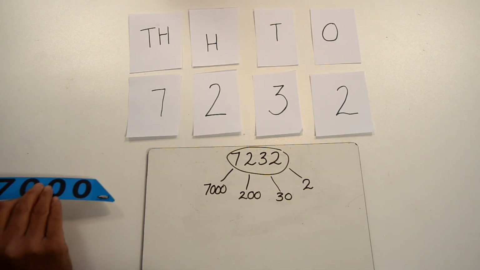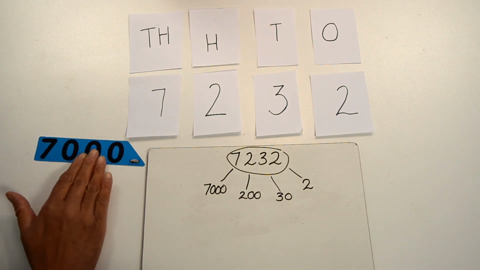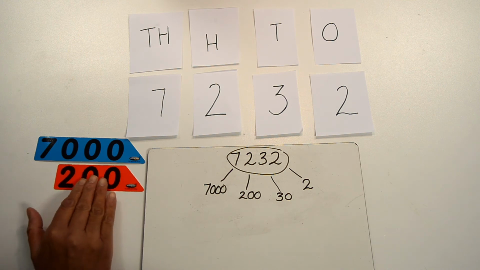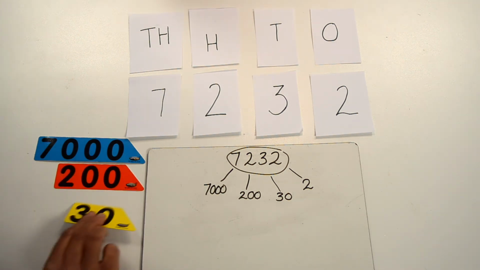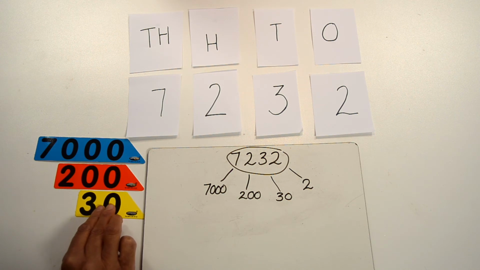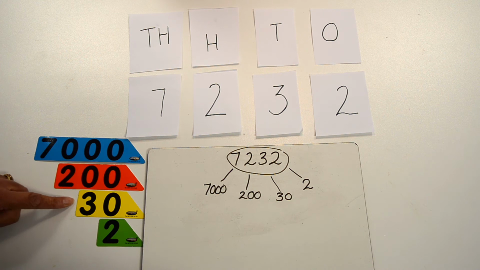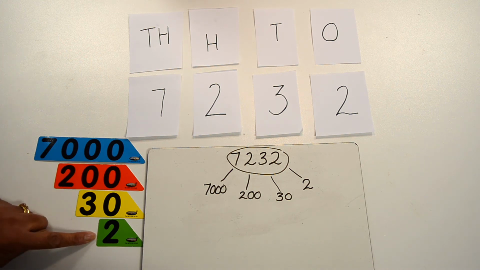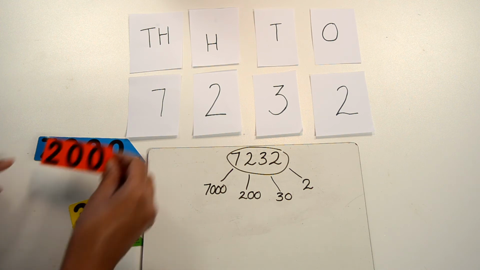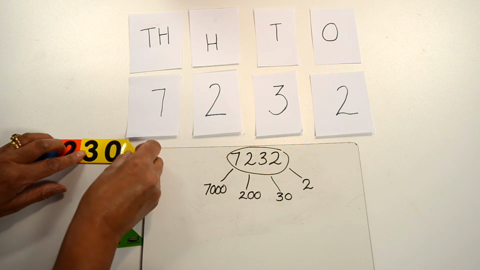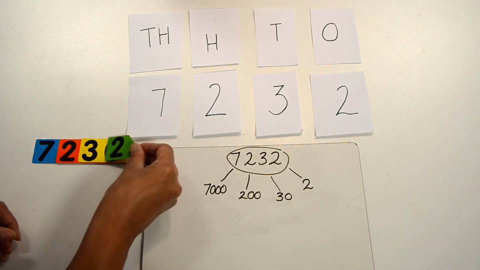So, count with me. 7,000, 200, 3 tens, and 2 ones. 7,000 plus 200 plus 30 plus 2 equals 7,232.